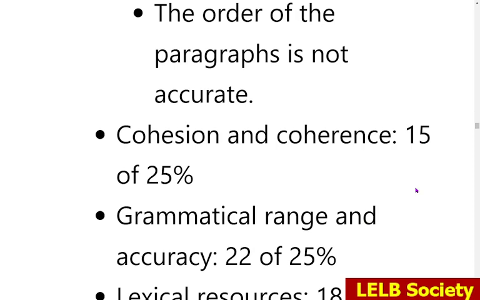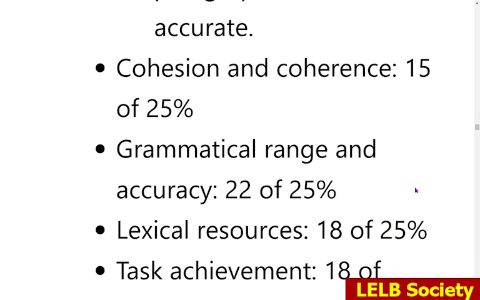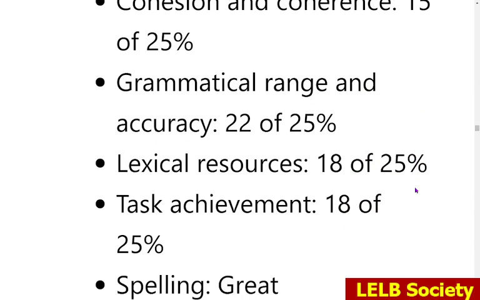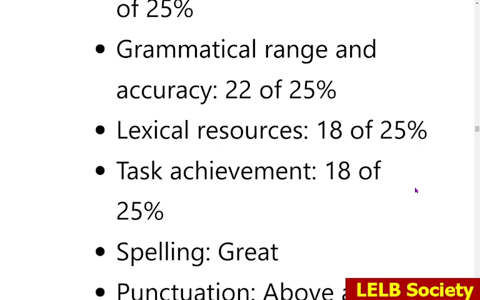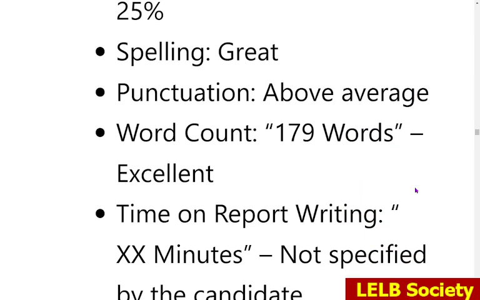Cohesion and coherence, 15 out of 25. Grammatical range and accuracy, 22 out of 25. Lexical resources, 18 out of 25. And task achievement, 18 out of 25. And also word count, 179 words. That is excellent, above the minimum number of 150 words.